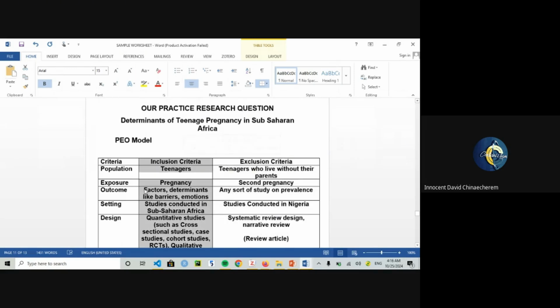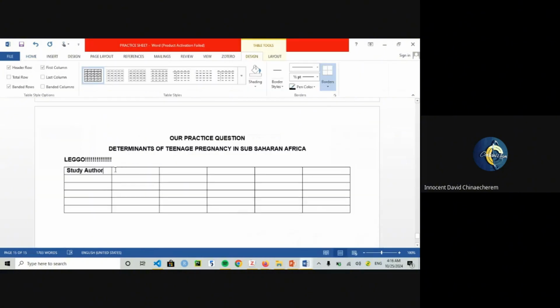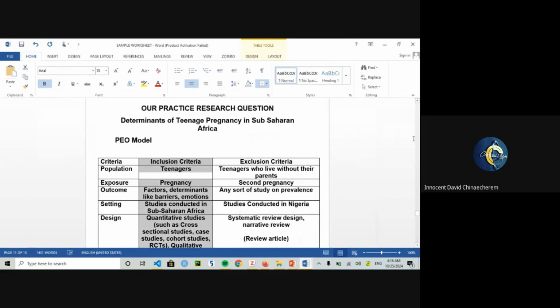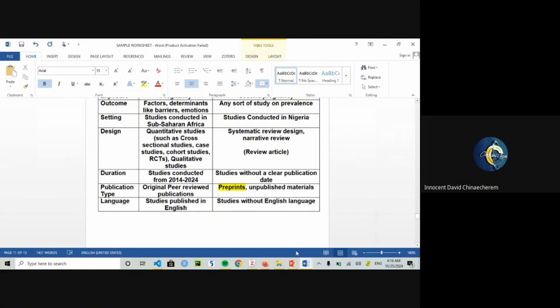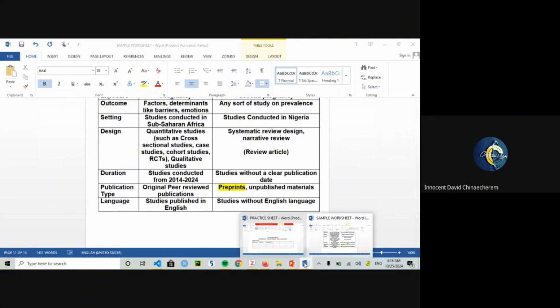So, for me to build up my data extraction, there are certain things that will be imperative for me to pick out based on my question. First thing is study author. I need to know the objectives. I need to know the study design across the studies. Remember, in my inclusion and exclusion criteria, I already set out that I'm only interested in quantitative studies, such as cross-sectional, case studies, cohort, and qualitative studies as well.